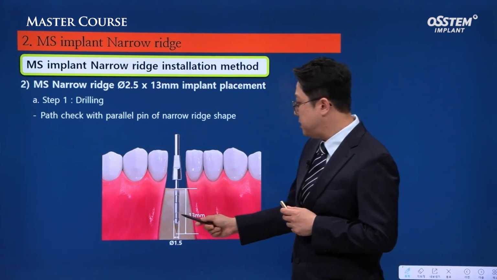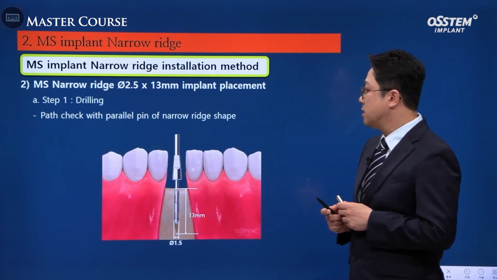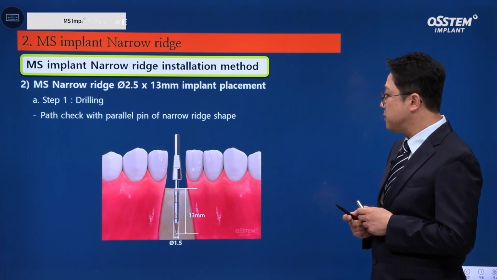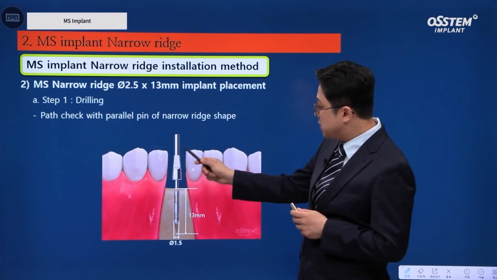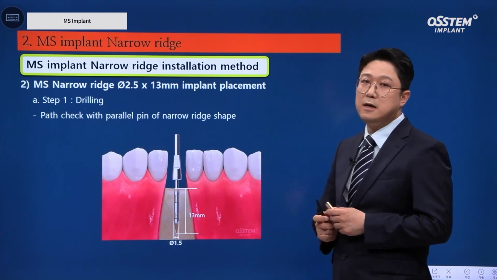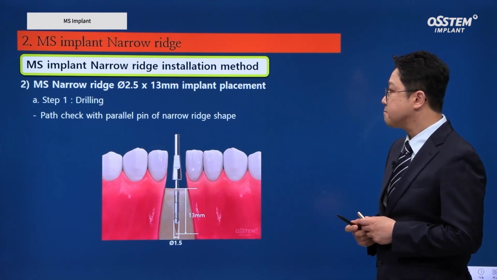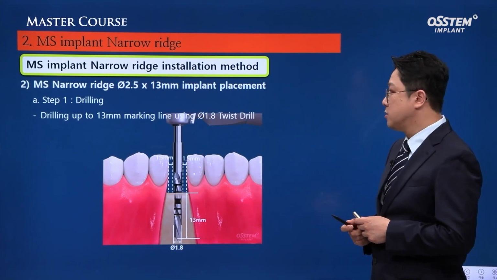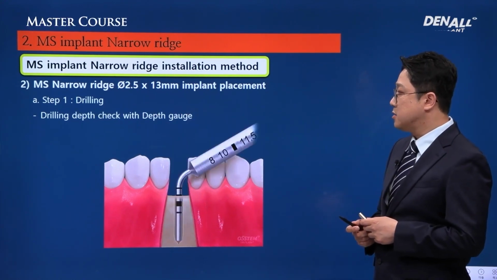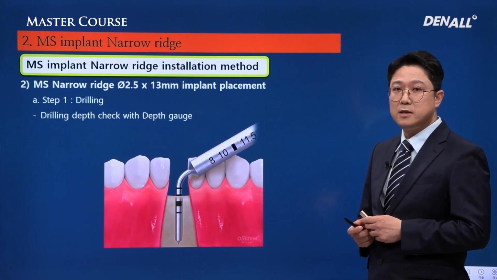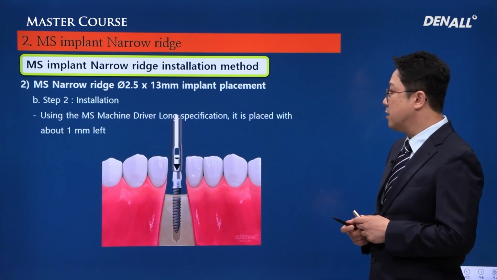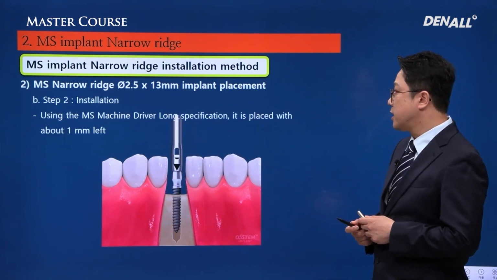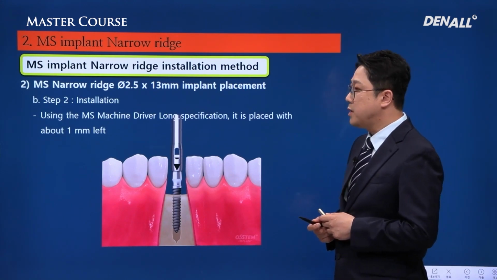Once drilling is done, you use the parallel pin, which resembles MS implant, and then you can get a lot of help in how the abutment will go in. Next, a twisted drill is used to expand the hole. Depth gauge is used to check the drill hole. Machine driver is used to place the implant, and implant is not placed 100% with machine driver.